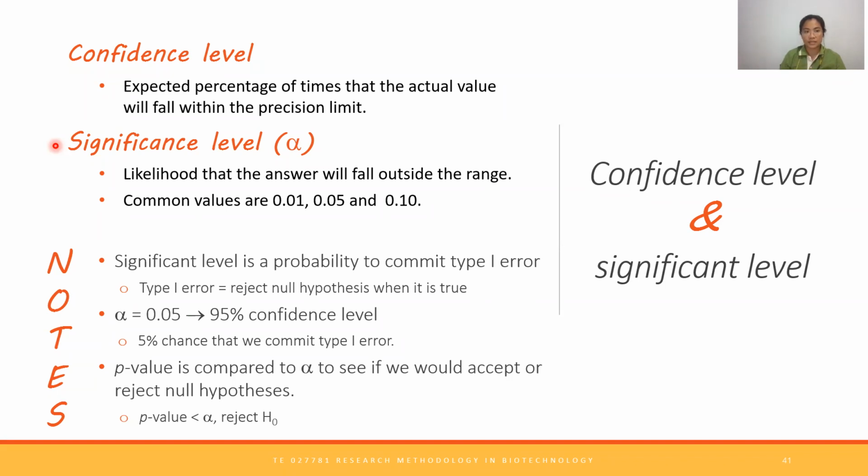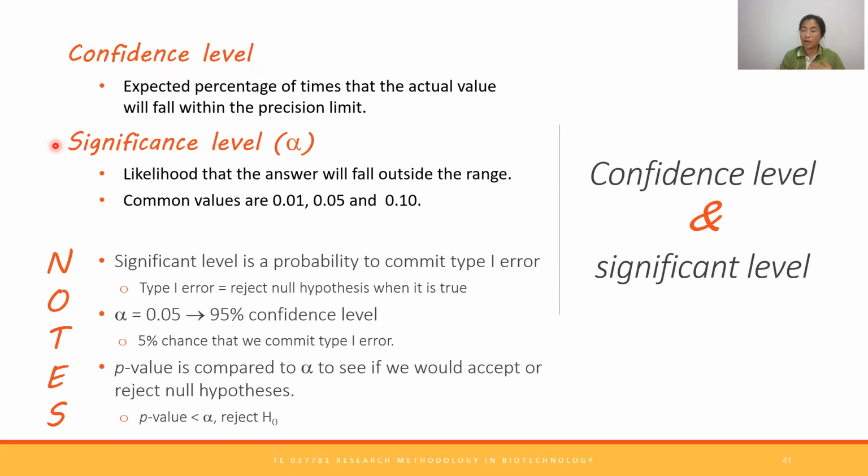And when I say it is related, it is something like this. If you have an alpha of 0.05, that means that you have a confidence level of 95%. So more or less it adds up to 100%.